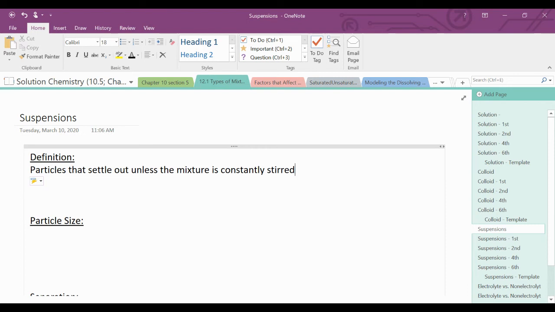Now, of the three types of mixtures we talked about, the suspension has the largest particle size. So when we say largest, we're talking that it has to be at least 1,000 nanometers or larger.